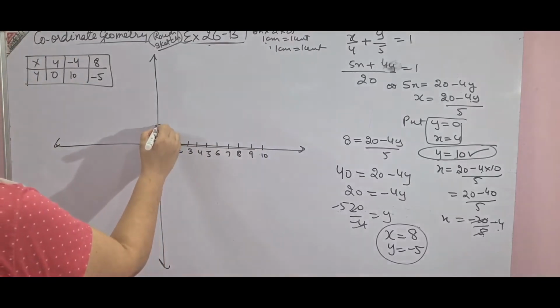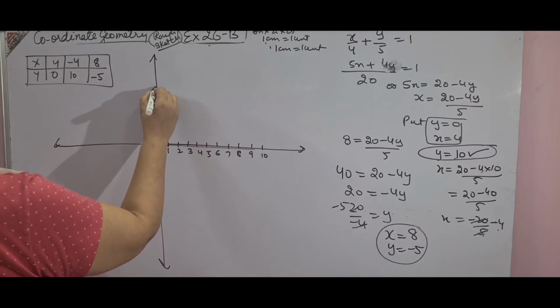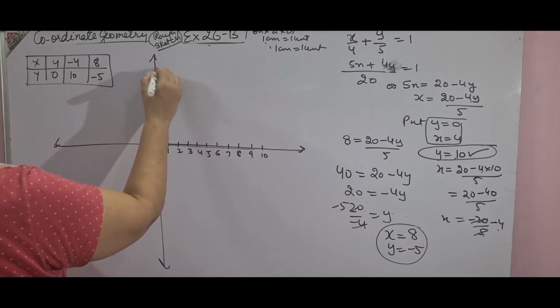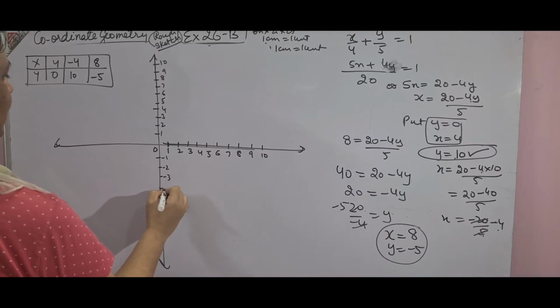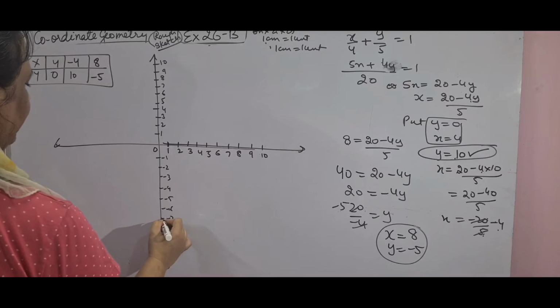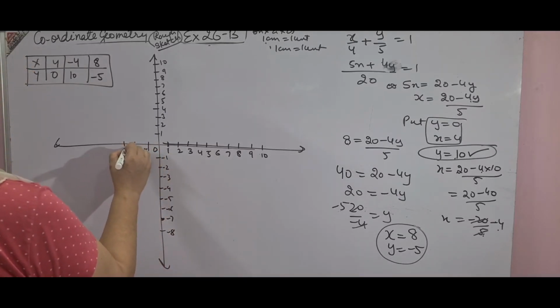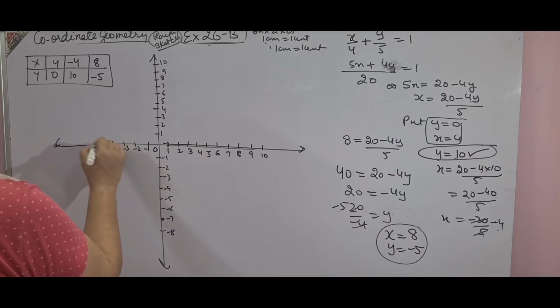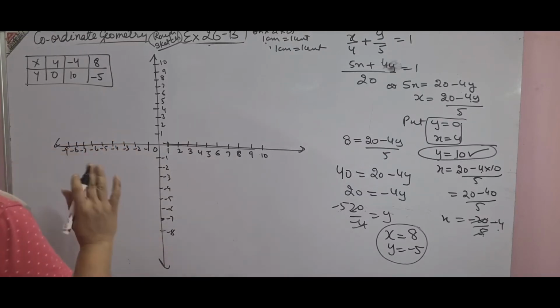And similarly 1, 2, 3, 4, 5, 6, 7, 8, 9, 10. Minus 1, minus 2, minus 3, minus 4, minus 6, minus 7, minus 8. Similarly minus 1, minus 3, minus 4, minus 5, minus 6, minus 7, minus 8, minus 9, and of course 10.